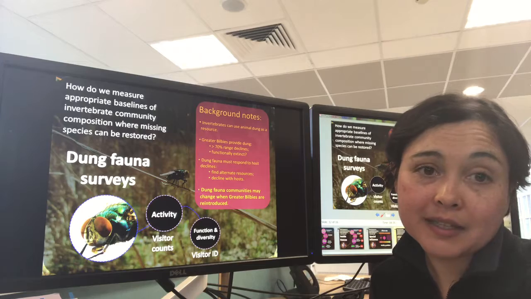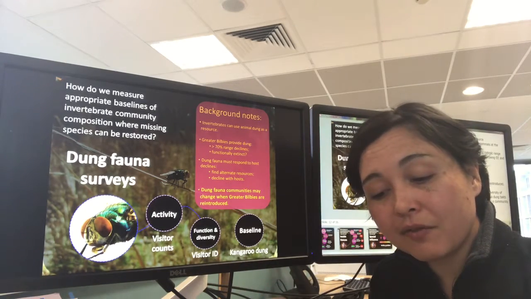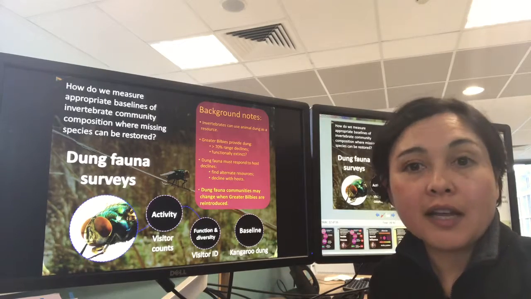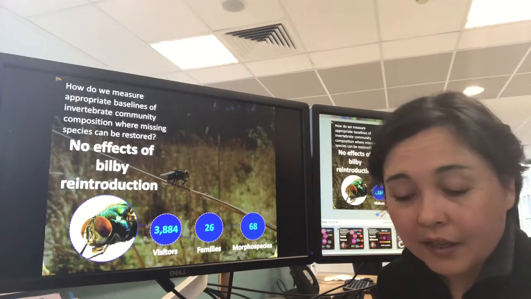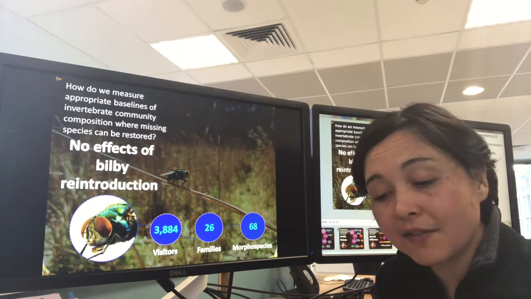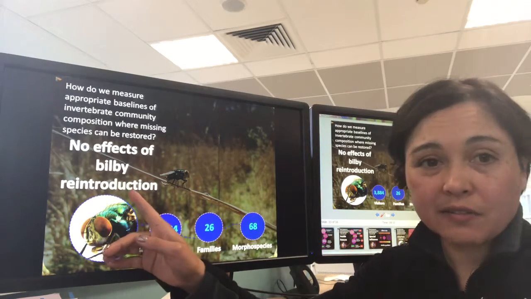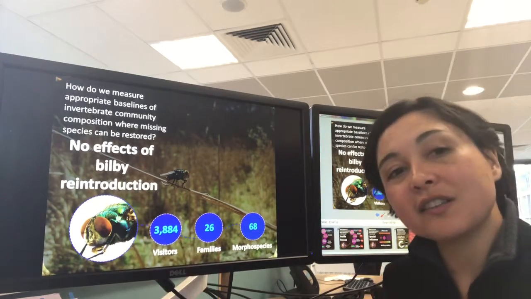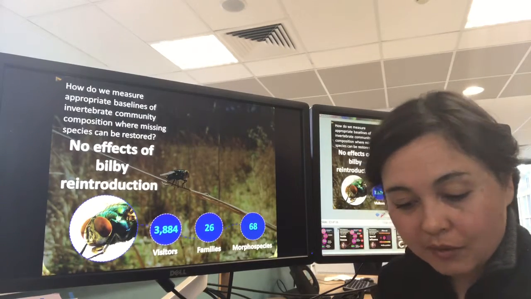I compared bilbies against kangaroos, using the kangaroos as a baseline for a community with a non-declining host. All in all, we encountered 3,884 visitors representing 26 families and 68 morphospecies, but there was no significant effect of bilby reintroduction on diversity or activity of the animals that we found.